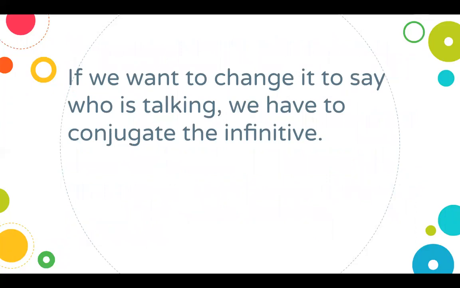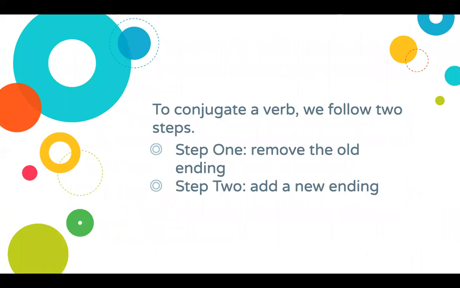If we want to change it to say who is talking, we have to conjugate the verb. To conjugate a verb, we follow two steps. Step 1, remove the old ending. Step 2, add a new ending.